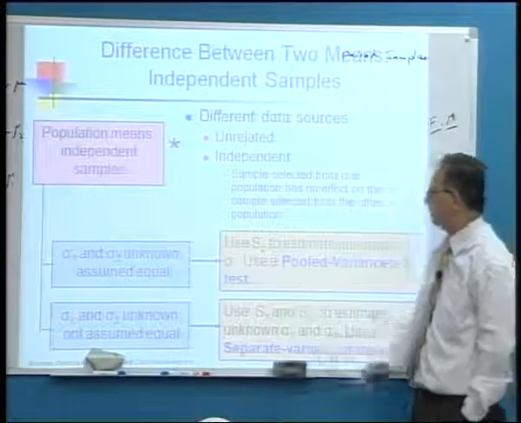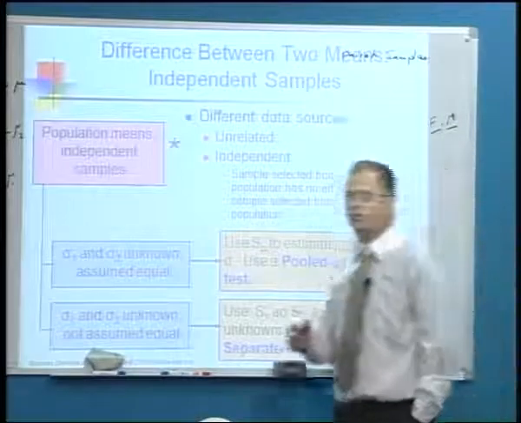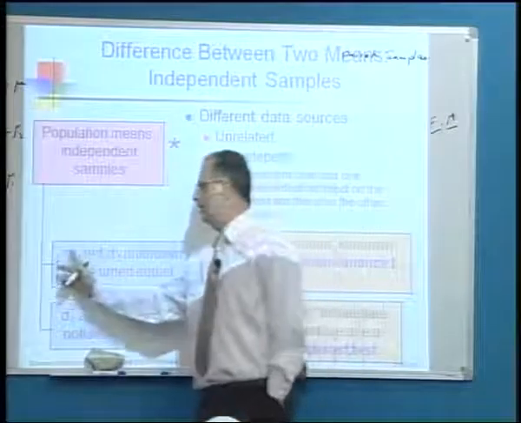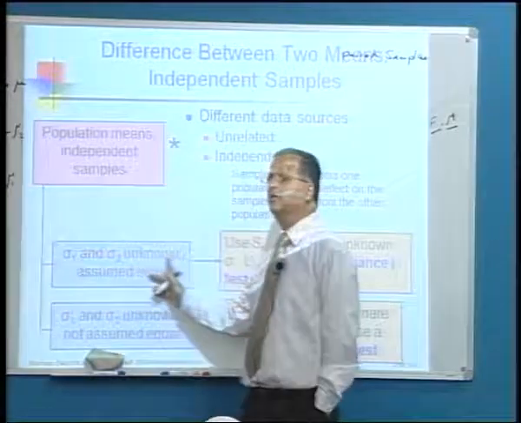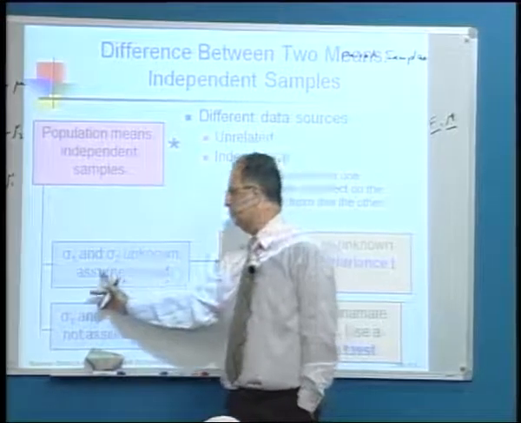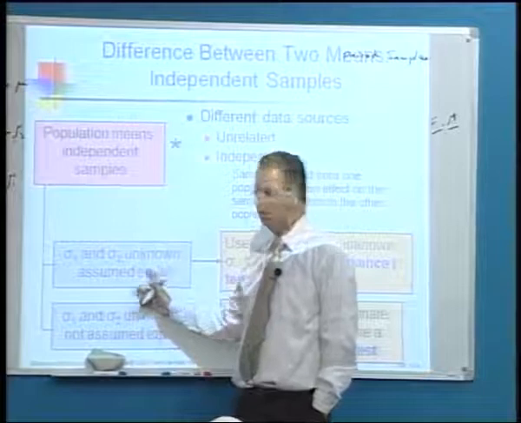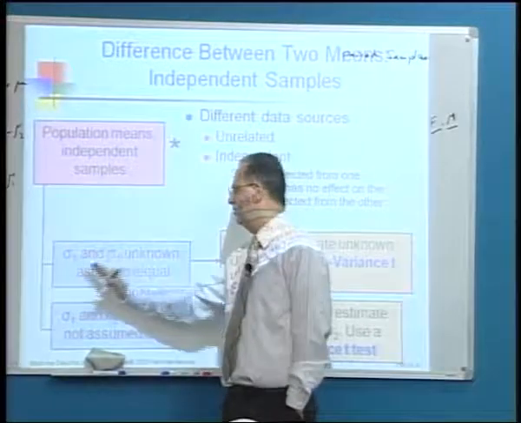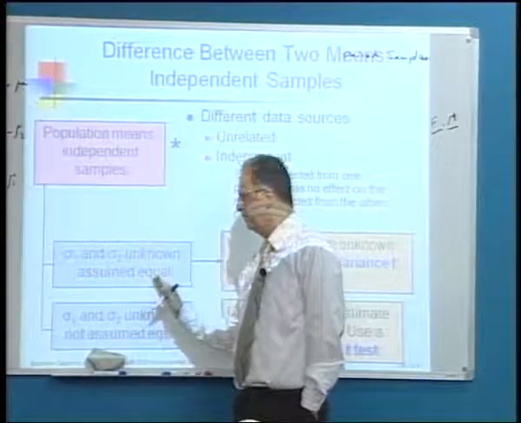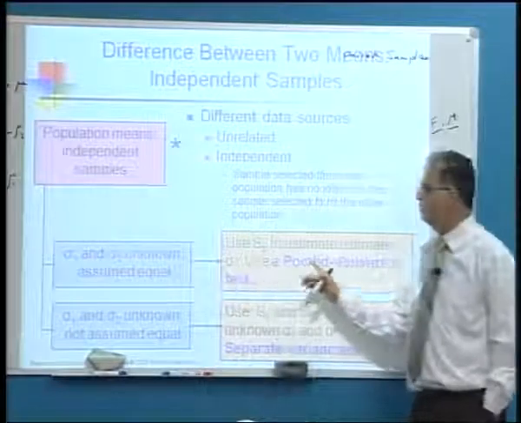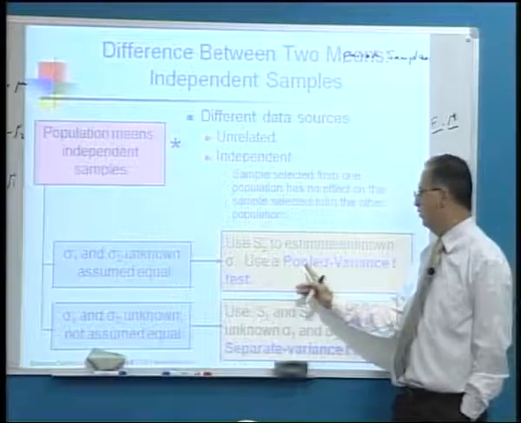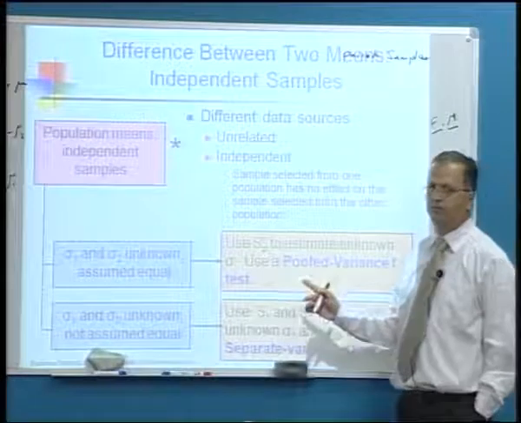In this case, there are 2 scenarios. Sigmas unknown, but we assume they are equal. So sigma 1 and sigma 2 are unknown, but we assume they are equal. In this case, we are going to use something called the pooled variance test.